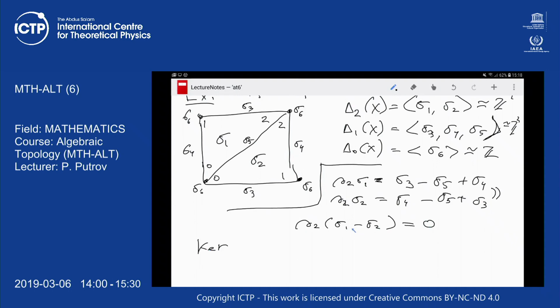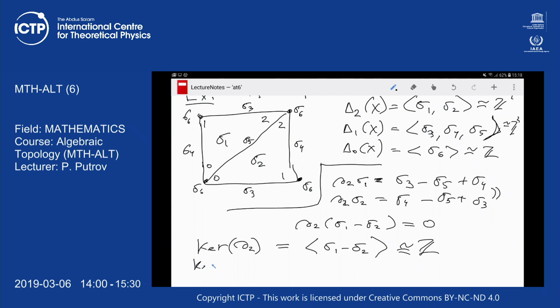And so it's easy to see this is the whole kernel. The kernel of delta 2 is just the free abelian group generated by the difference, a linear combination, so it's just sigma 1 minus sigma 2 with some integer coefficients.